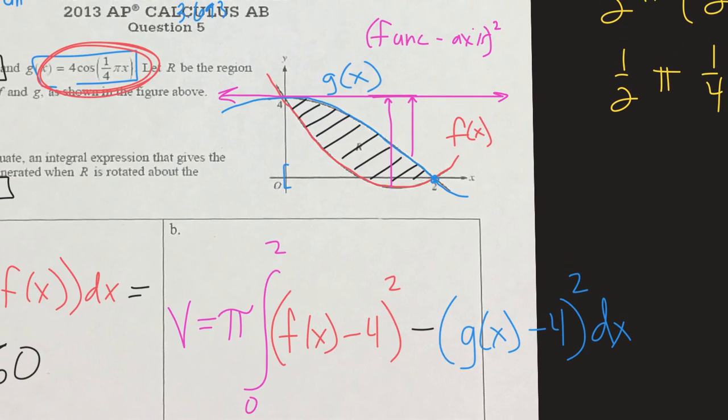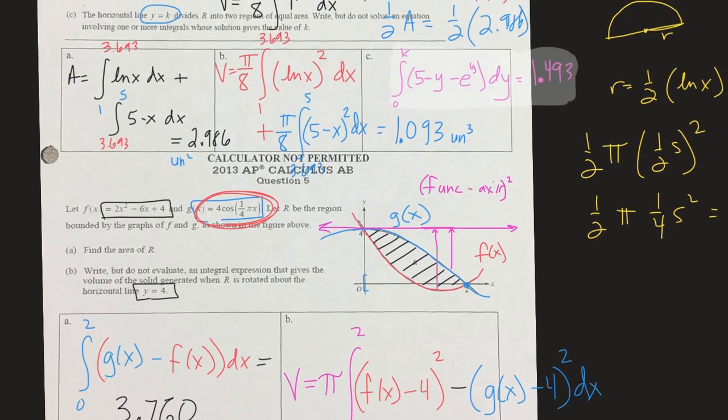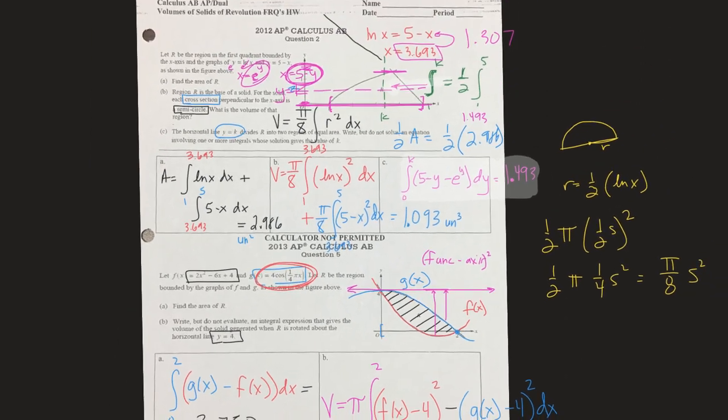That's all they want you to do. And once again, with AP, you don't have to plug in the function. You can use the letter that they give you. So the function notation is good enough for AP calculus. In fact, it's probably preferred rather than writing out every single thing, especially in this teeny tiny little box. So that's the front side.